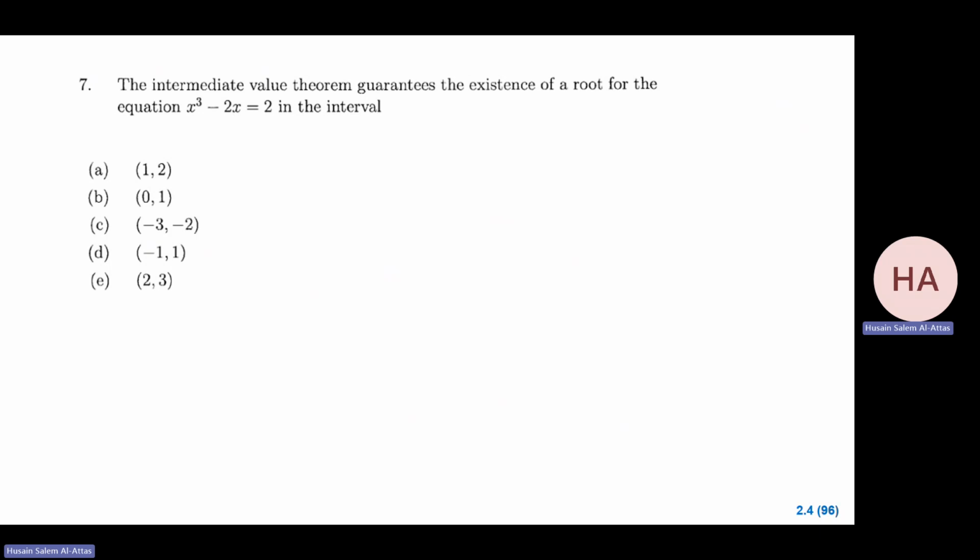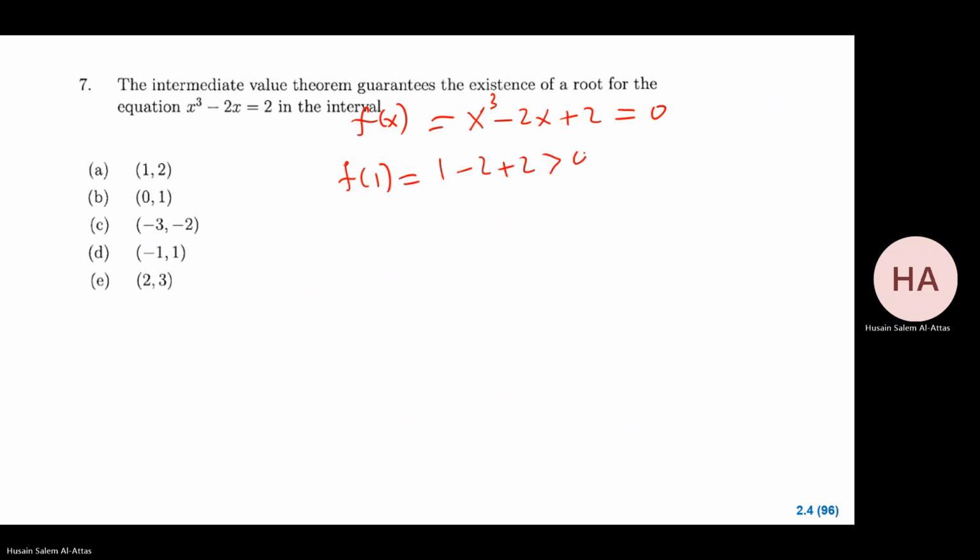Calculate the existence of a root for this equation. Plus 2 equals 0. So this is my f of x. Check f of 1. 1 minus 2 plus 2, which is positive. F of 2, it will be 8. Wait a minute. X cubed minus 2x minus 2, sorry.